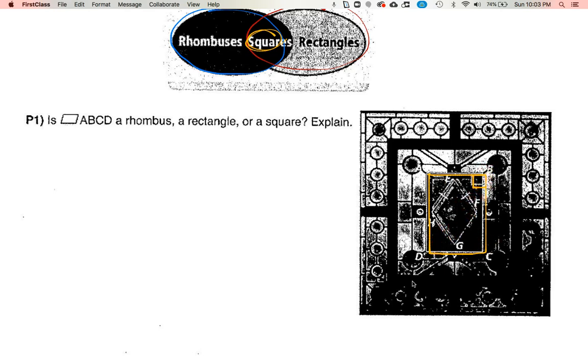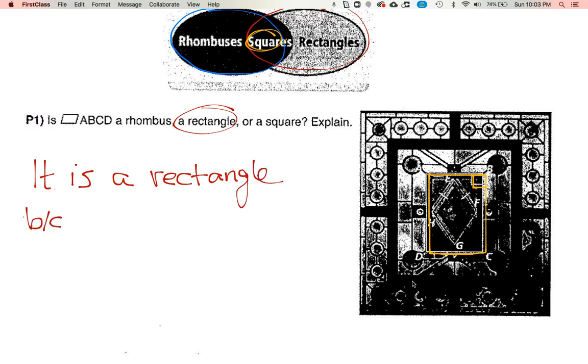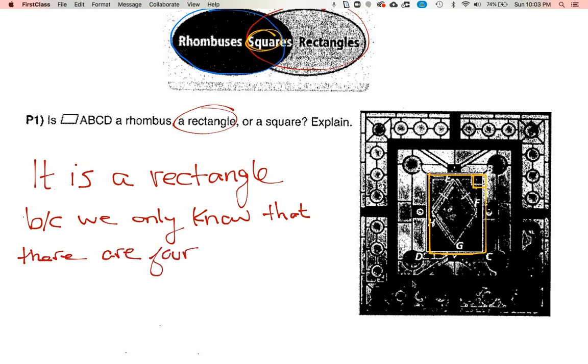We don't know anything about the sides, so right now it's a rectangle, because we only know that there are 4 right angles. And that's all we know.